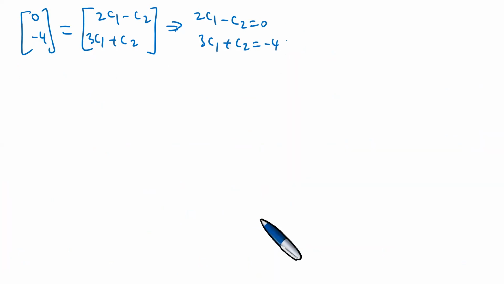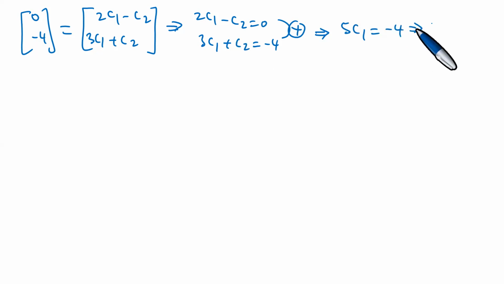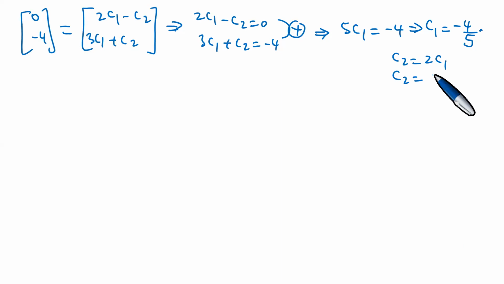Can you solve this simultaneously if you take these two equations and you add them up? The result is that C2 is going to cancel out, giving us 5C1 is equal to minus 4. C1 becomes minus 4 out of 5, which means C2, according to this, is 2 times C1, which is minus 8 out of 5.